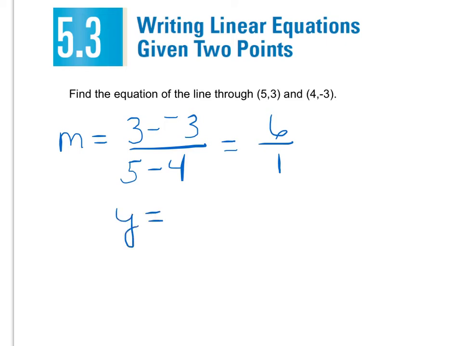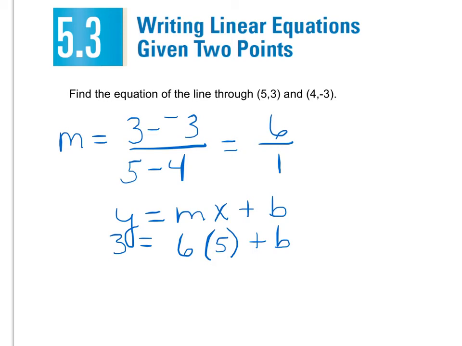So now into y equal mx plus b, just like we did in the previous couple problems. We're going to substitute a slope of 6, and we need to plug in an x and a y. Now, this time I know 2 of them. It doesn't matter at all which one I plug in. So I'm just going to take the first one there. X is 5. And when x is 5, we know y is 3 because that's a point on the line.